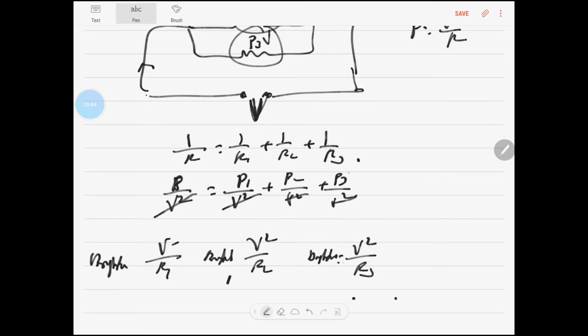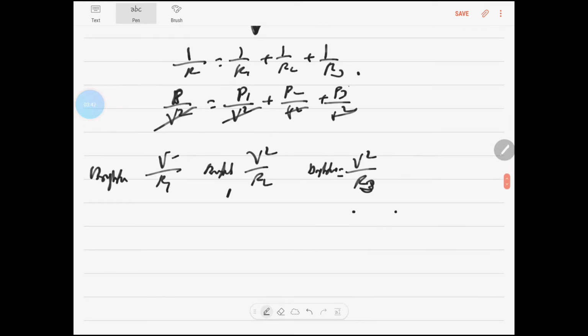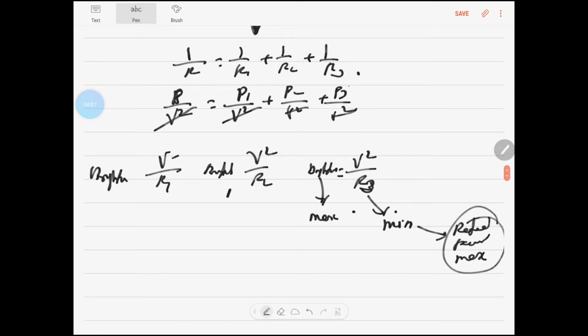So once you get this formula, for the brightness to be maximum, beyond which you cannot increase the brightness, the resistance here has to be minimum. For the resistance to be minimum, the rated power has to be maximum. So the bulb with the highest power rating will have the minimum resistance, which will give rise to maximum brightness.